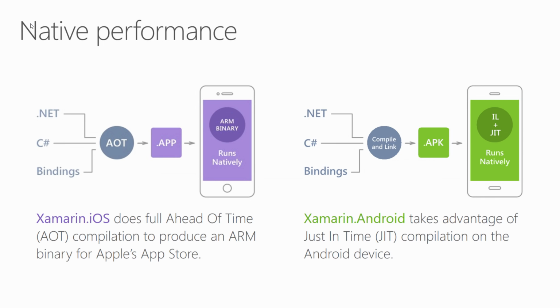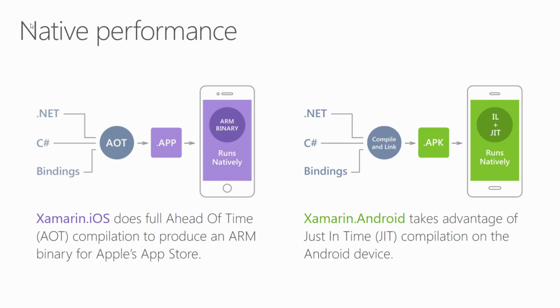Now, we do give you purely native performance across all these different platforms. On iOS, we do a full ahead-of-time compilation, AOT compilation. We take your C#, compile it down into IL, an intermediate language, and one more time down into LLVM bytecode, which is a compiler and optimizer that creates a native ARM binary that is then uploaded to the App Store or distributed internally in your organization.